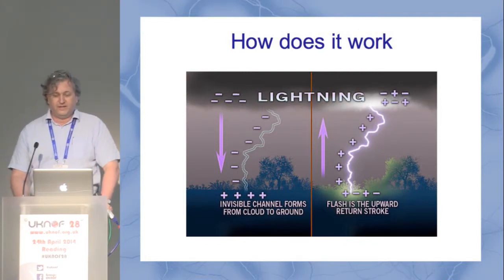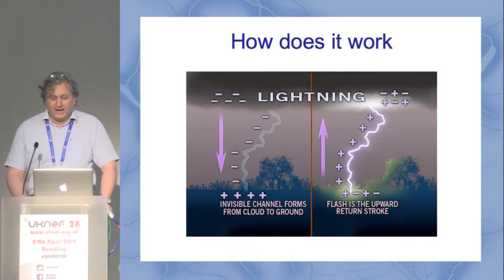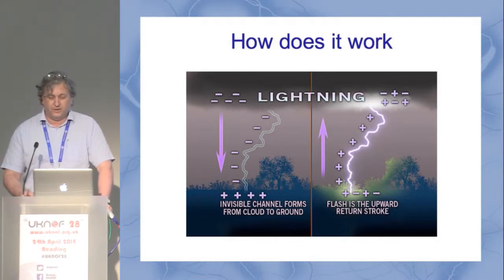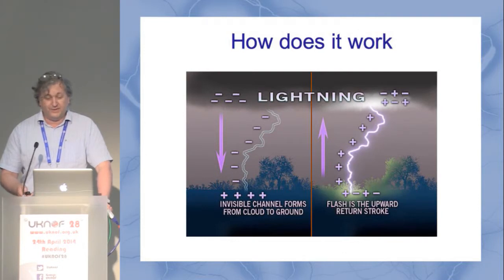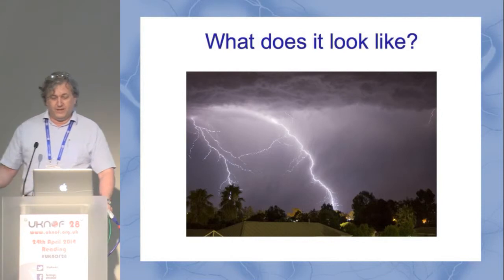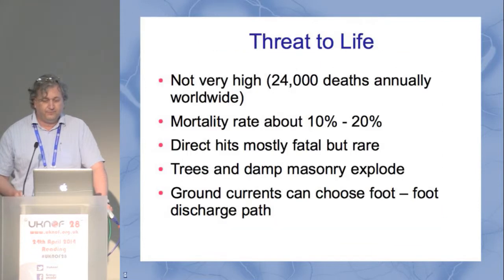And so we now have effectively a conductor joining the bottom of the cloud to the ground, and the current flows up that channel from the ground up to the cloud. So it's ground-to-cloud lightning, strictly speaking. That's the stroke that does the damage. And what it looks like, well, pretty spectacular. It can really look quite exciting.